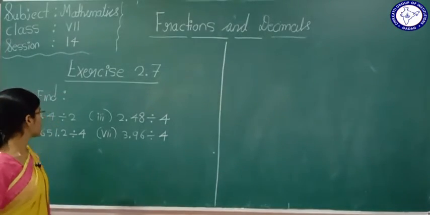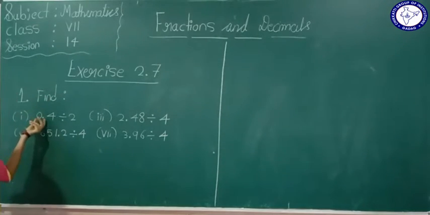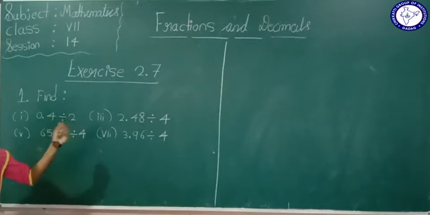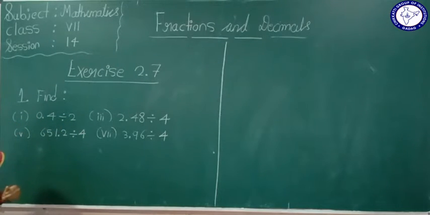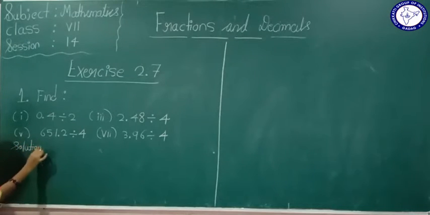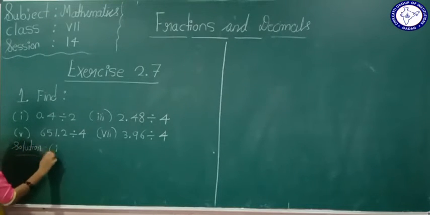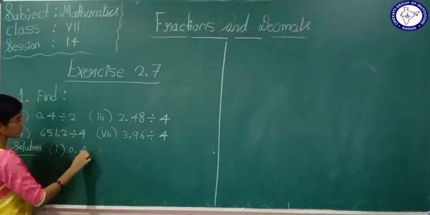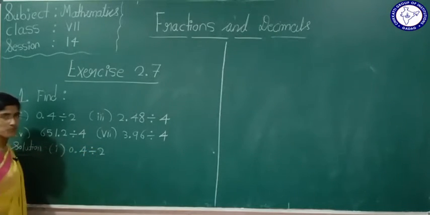Now see here, find, I have given 0.4 divided by 2. I told you in last class how to do the division of a decimal number by a whole number. So what you do, see here, solution. We will just revise it. 0.4 divided by 2.